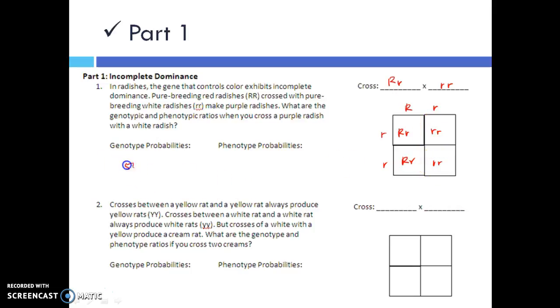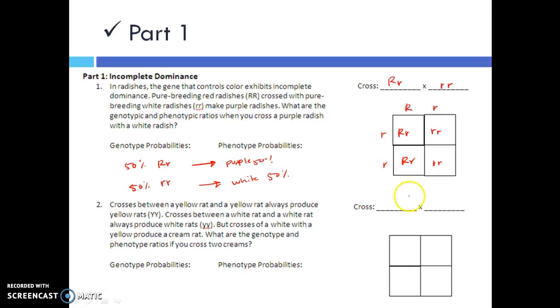We have 50% of our offspring with big R, little r. We have 50% of our offspring with little r, little r. Big R, little r is purple, so we would have 50% purple. And 50% of those are little r, little r, and those would be white. So our offspring would be 50% white.